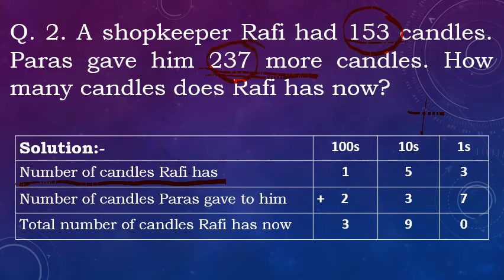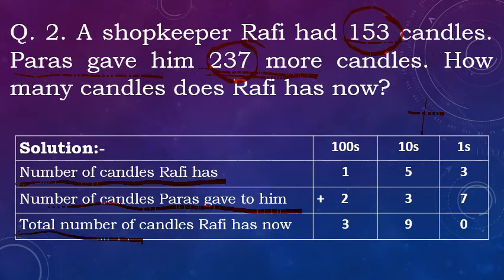That is again number of candles. Number of candles what? Paras gave him. So number of candles Paras gave him is 237. So what we need to do? We need to find out the total number. Total number means we need to add both the numbers.